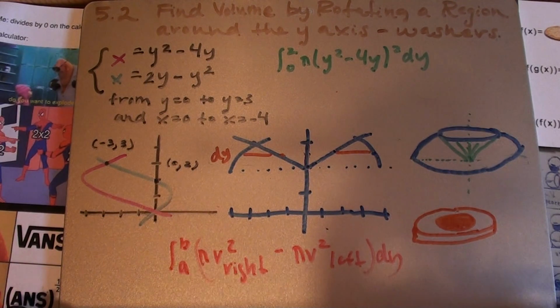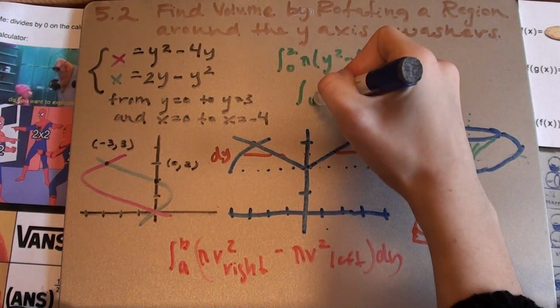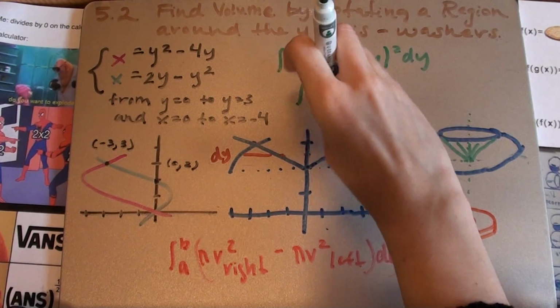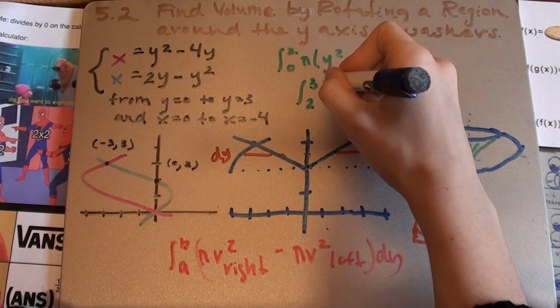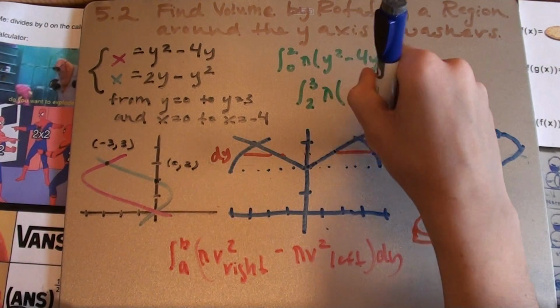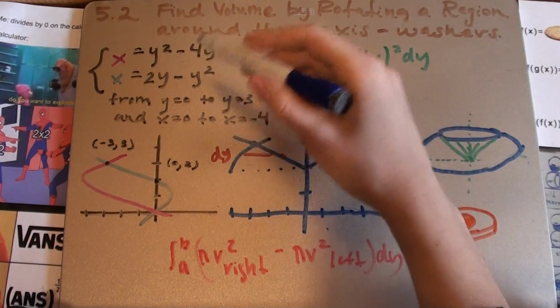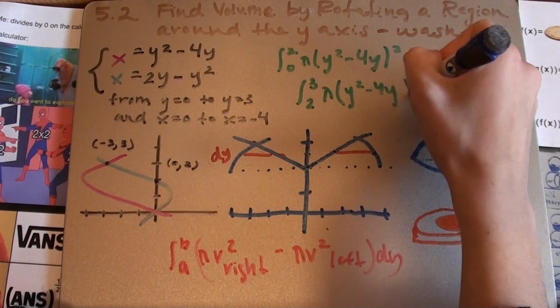So using our formula, I'm going to write out what we're trying to find the volume of. We're going to be integrating from 2 to 3. We're going to have pi, and our right radius is this pink function, so we have pi times (y squared minus 4y squared).